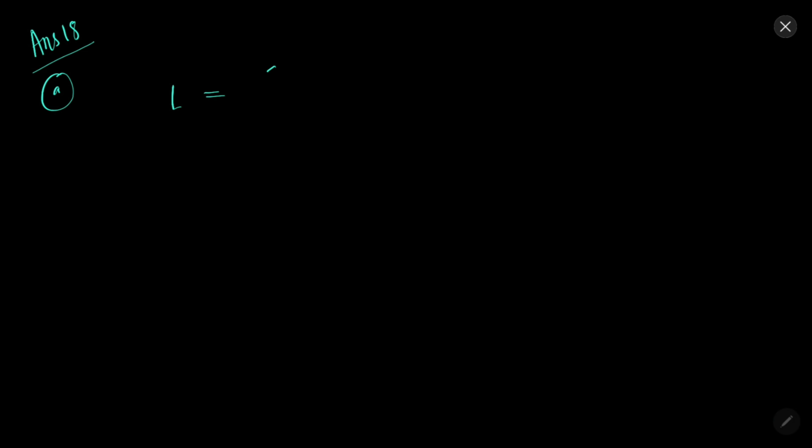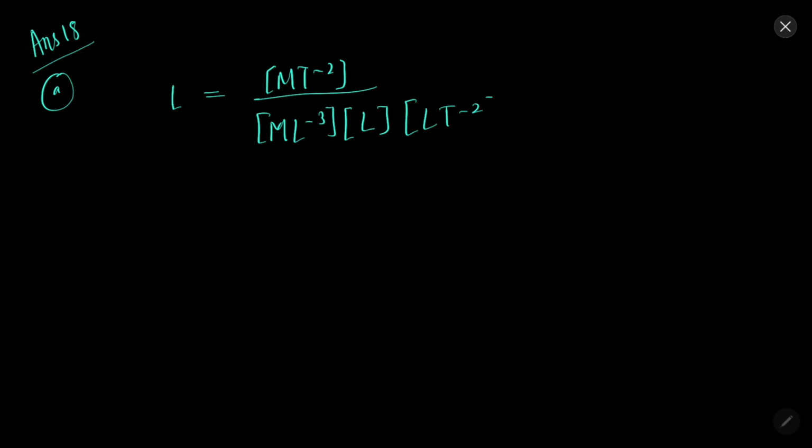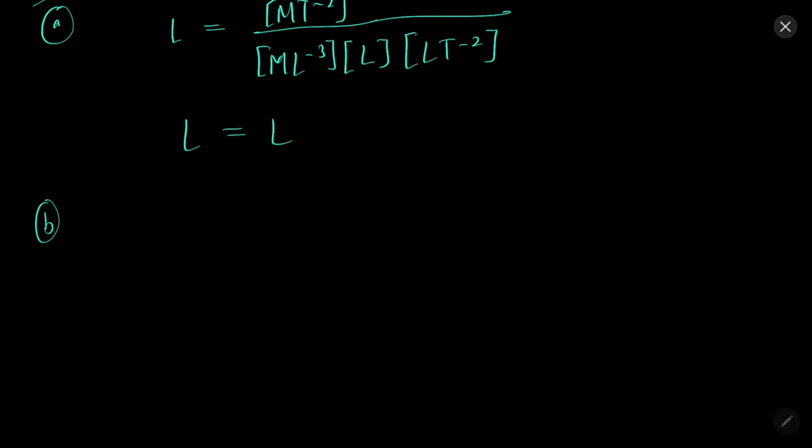Dimension of S will be m t minus 2, cos theta is dimensionless. Density will be m L minus 3, r is again a length, so L, and g is acceleration, so L t minus 2. So you will find that LHS and RHS of these two will be the same. So the first equation is dimensionally correct.